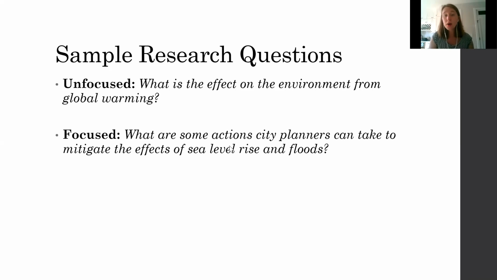So here we've narrowed our topic not just to a specific type of climate change, being sea level rise and flooding, but also a specific audience for that. So city planners.